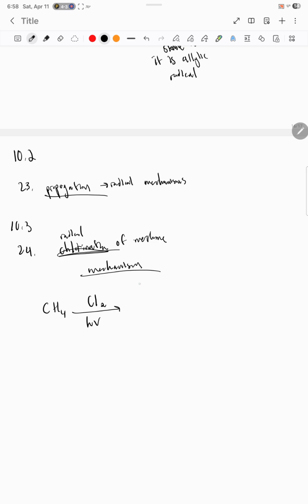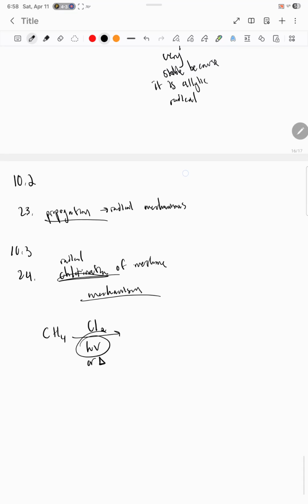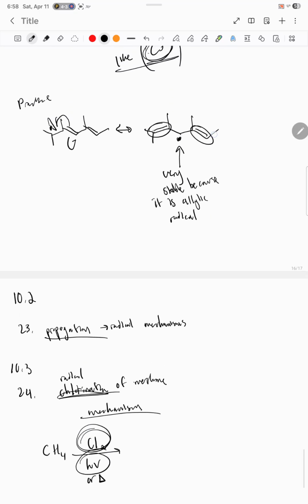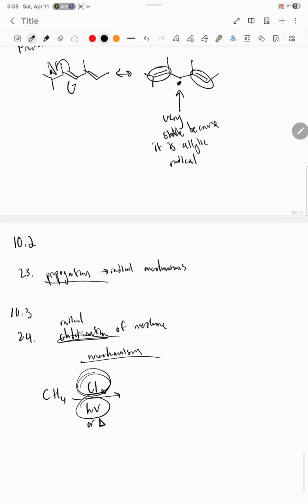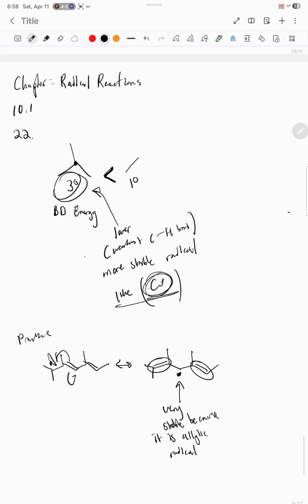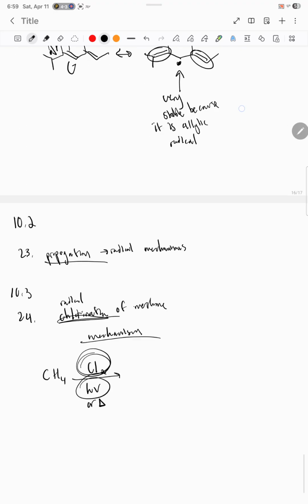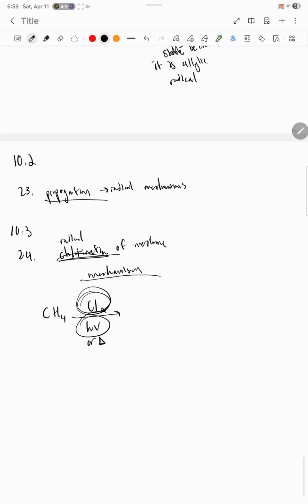Radical reactions require light or heat. Radical halogenation requires heat or light.